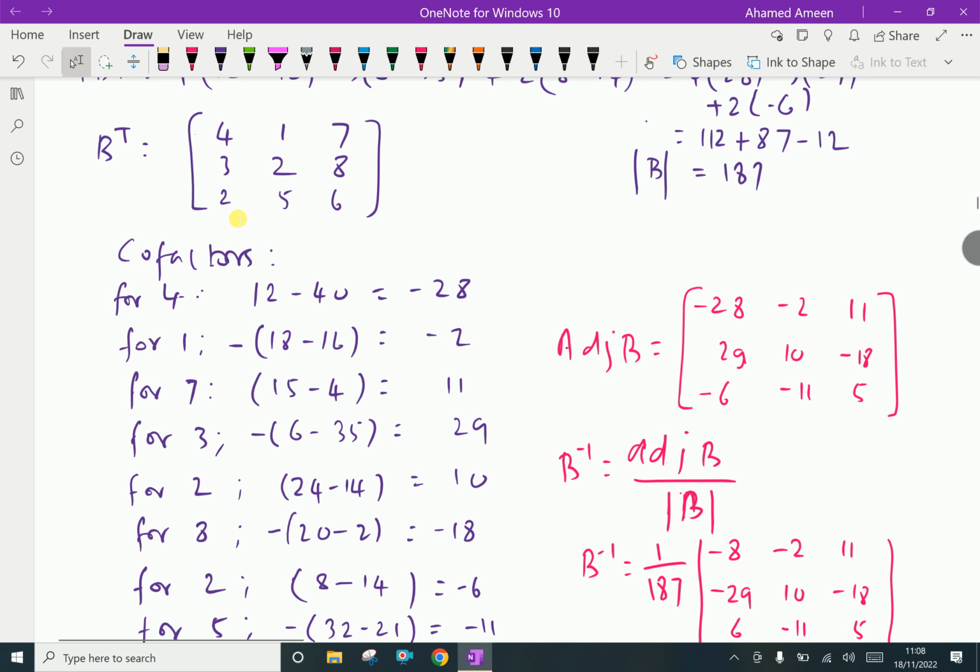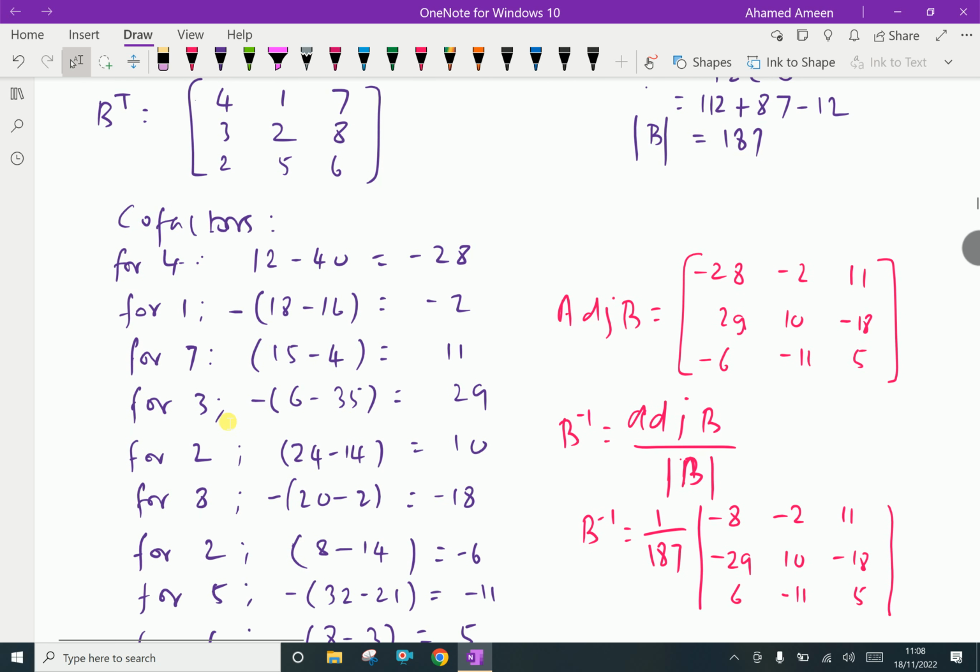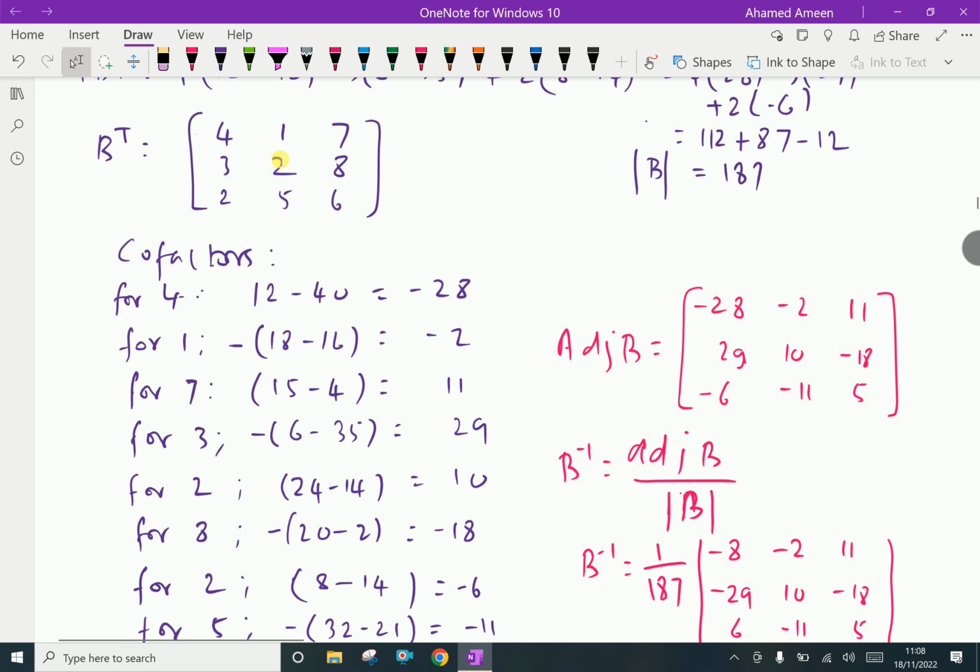Here 3 is in the second row first column, the minor is 1 into 6 minus 5 into 7. 1 into 6 is 6 minus 5 into 7 is 35. Like 2 is in the second row second column, the minor is 4 into 6, 24, minus 2 into 7 is 14.